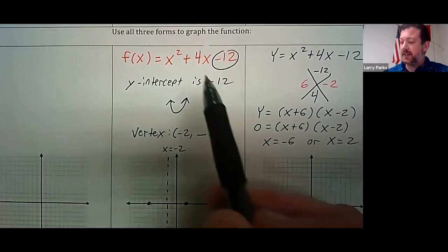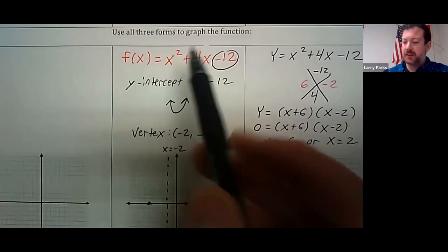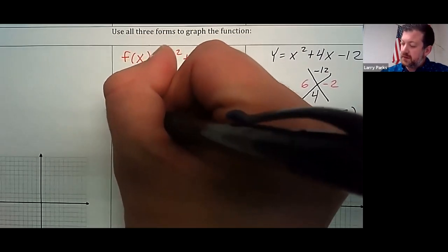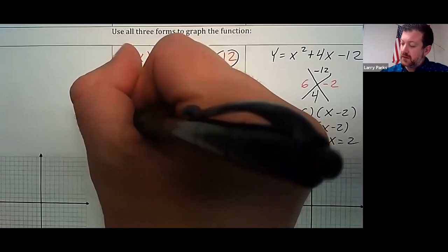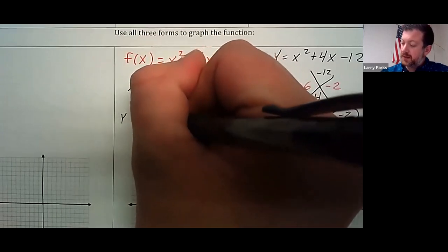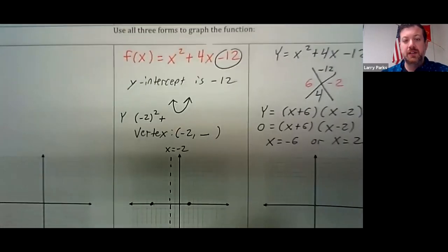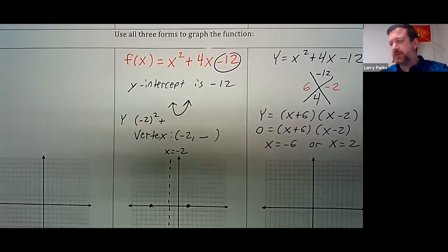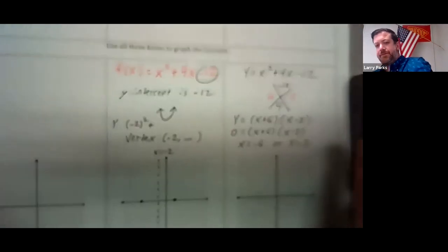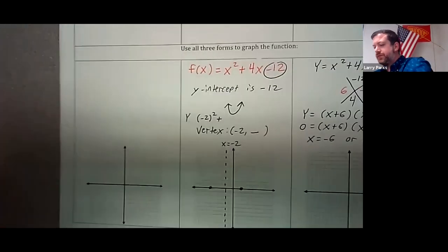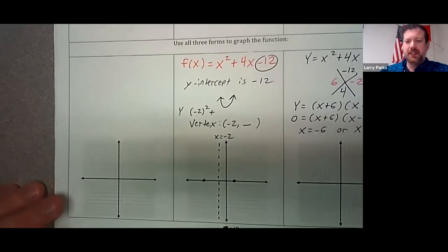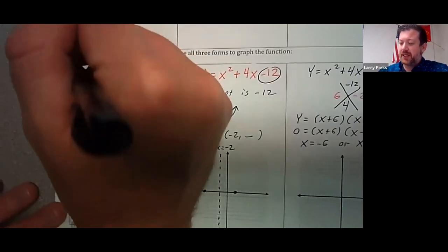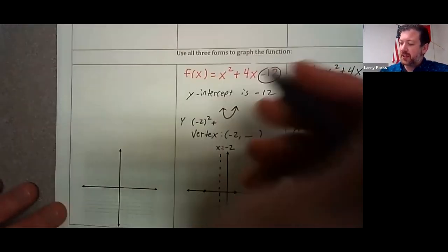So I would say negative 2 squared plus 4 times, and actually, I'm thinking about it, let's do it over here. We got space. So I'm starting off with this form.